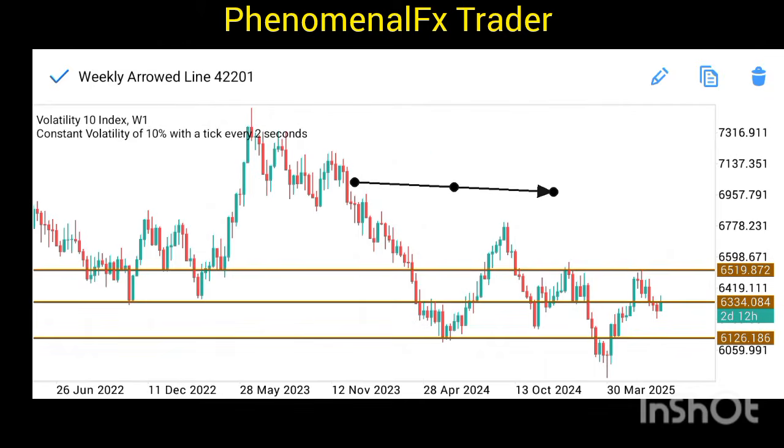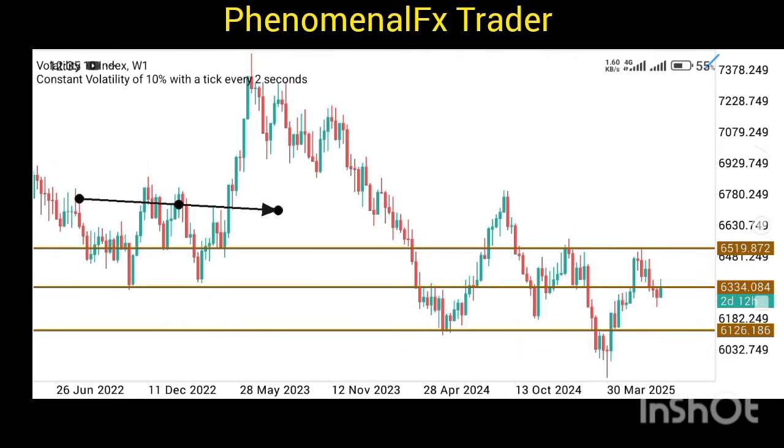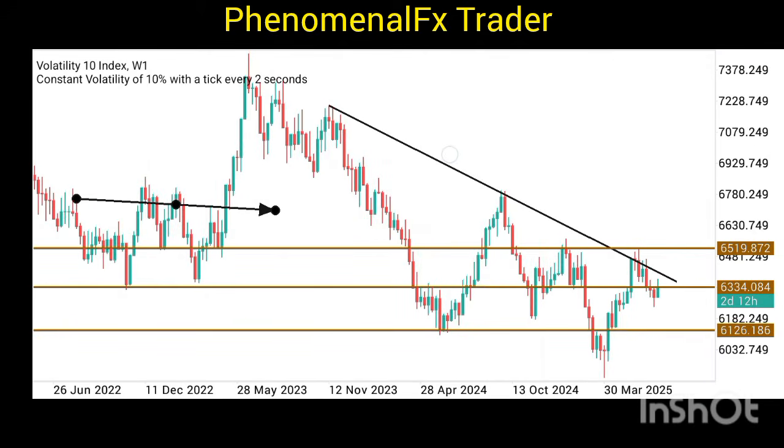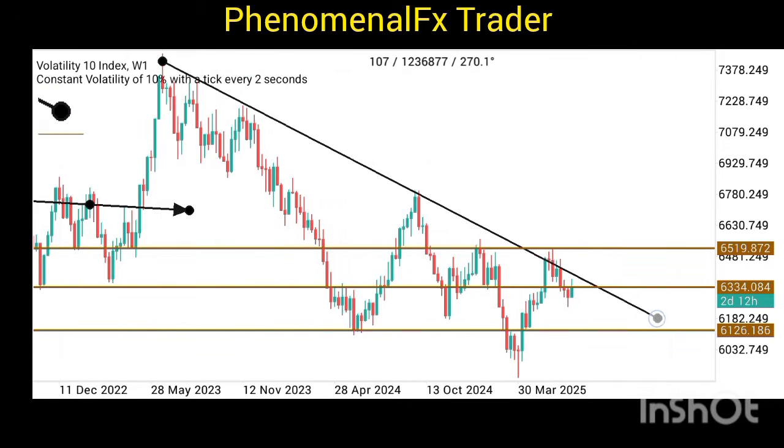Then let's go down to the 4-hourly time frame, and before then you can see the trend of the market overall is bearish. Like I mentioned earlier, you can easily place a trend line just like this, to possibly guide you with the direction of the market.